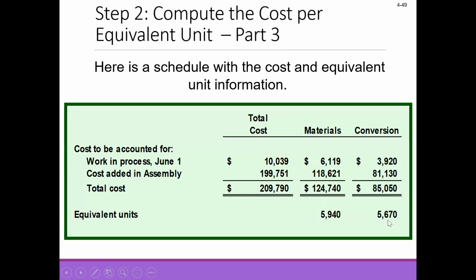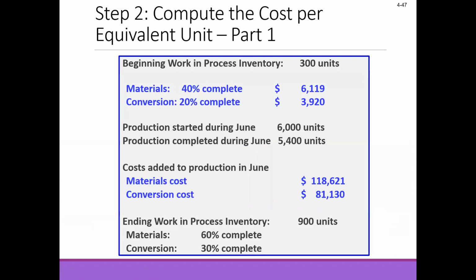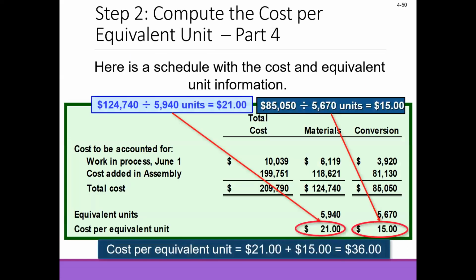Now these equivalent units, 5940 and 5670, seeing where they came from. Oh, they'll tell us here. These were the equivalent units that were manufactured or in process during the period. We take the totals here, we divide it by our equivalent units, we get 21 bucks.